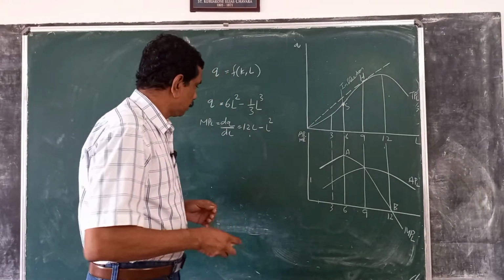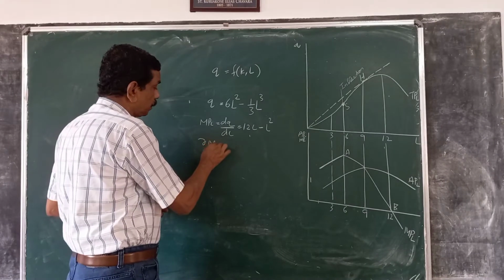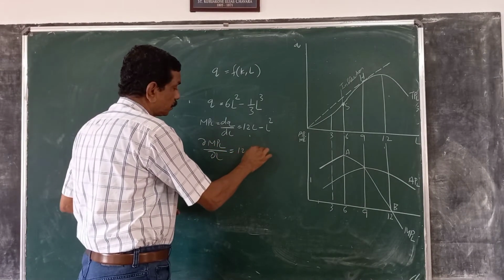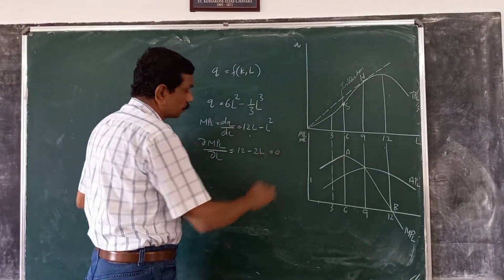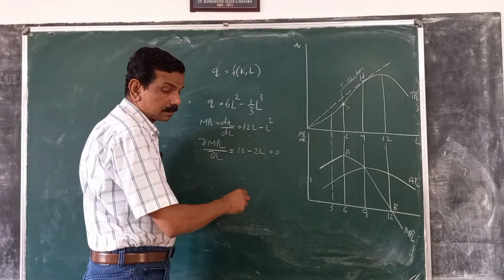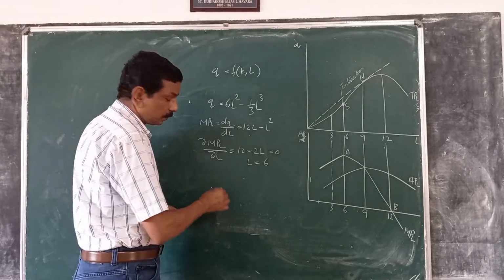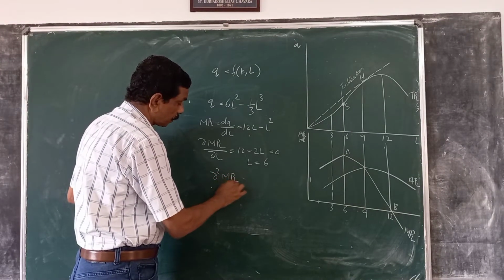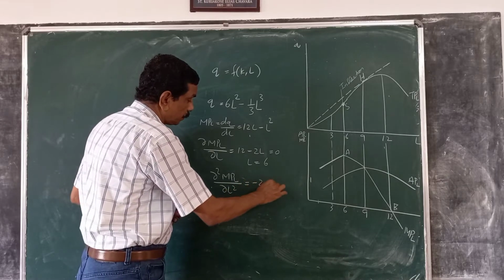And this can be easily derived like this. ∂MBL/∂L is equal to 12 minus 2L. And we equate it to 0, which will give us L equal to 6. And if you take the second derivative, ∂²MBL/∂L², it is equal to minus 2, less than 0.